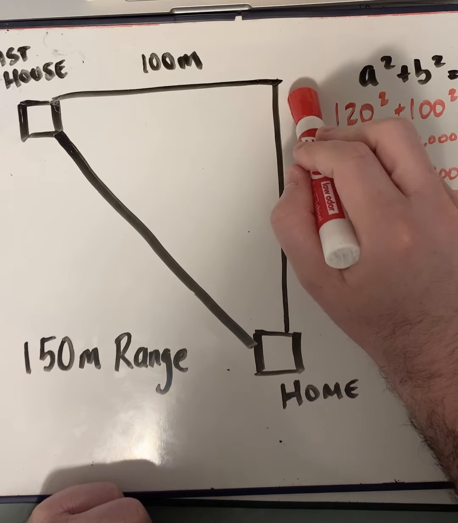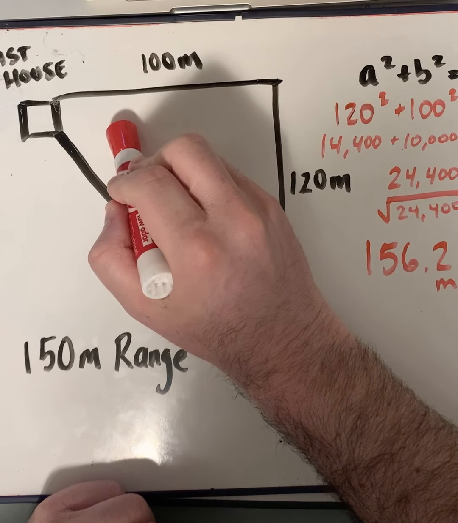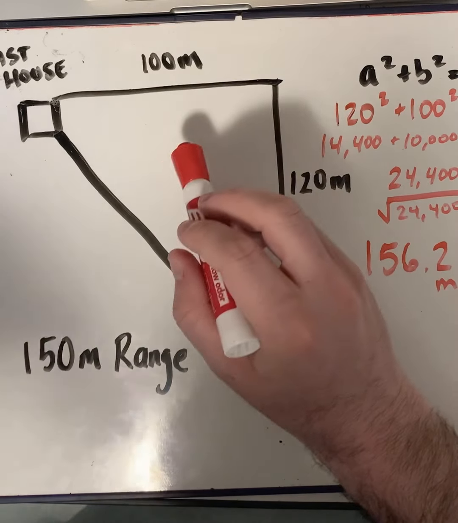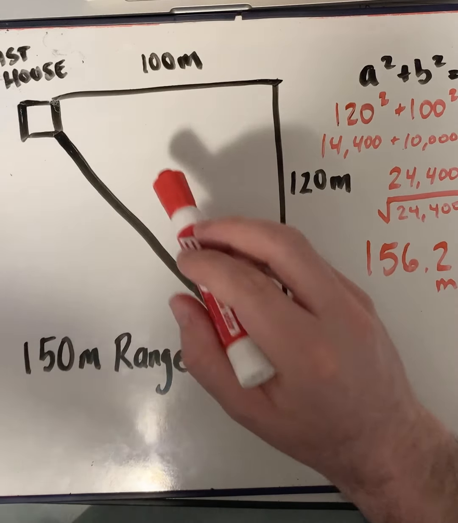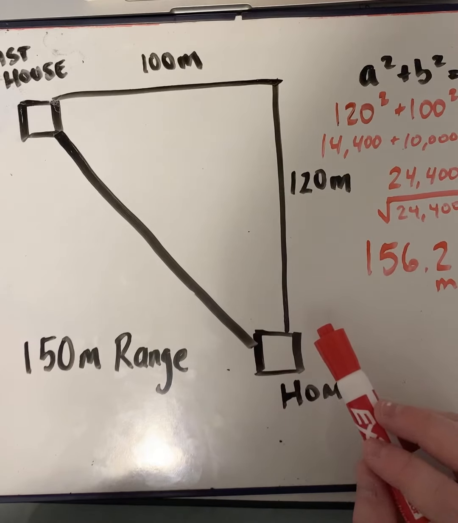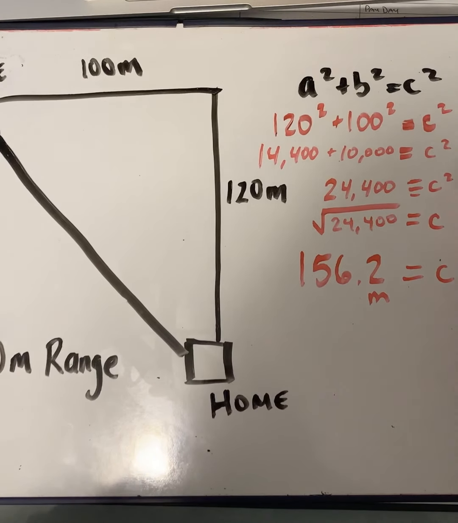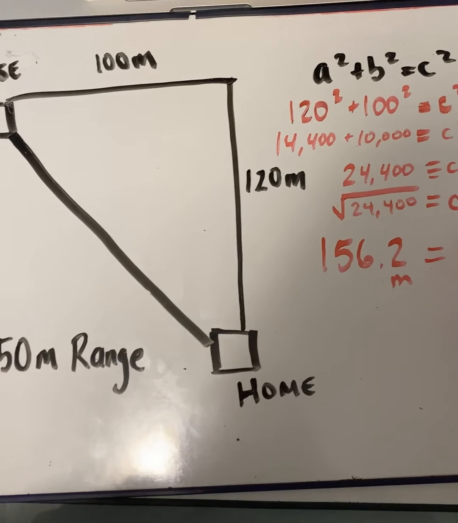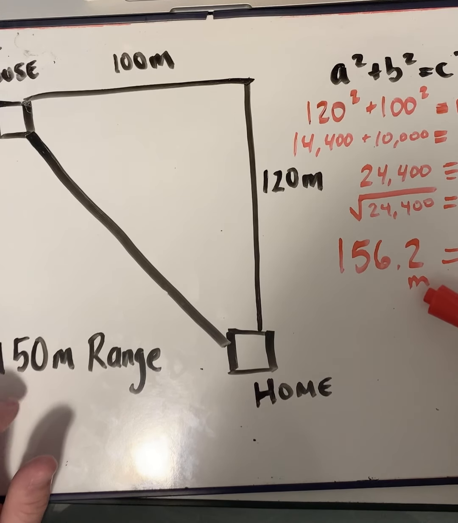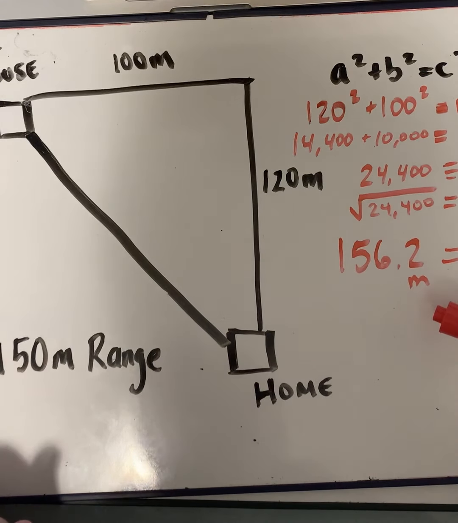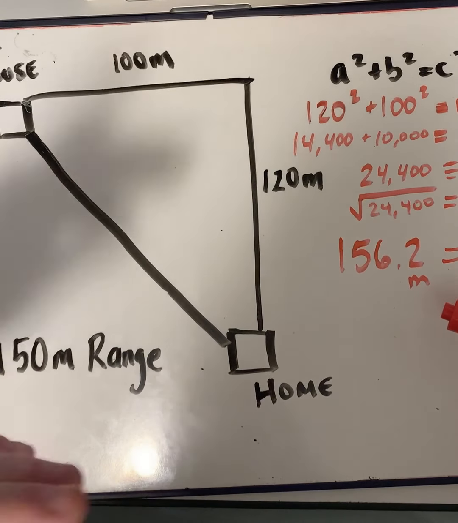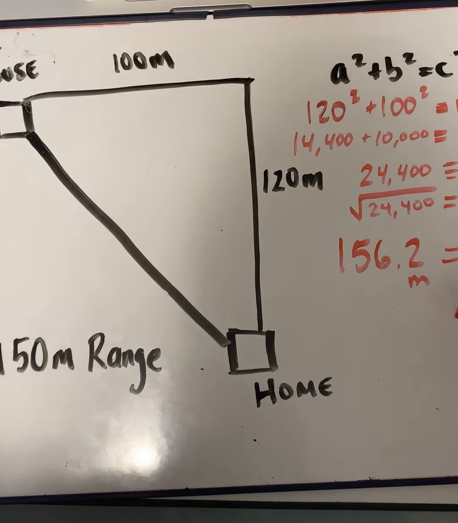I said it goes up 120 meters and then left 100 meters. In a word question, you would have to draw this out, but for today, I'm going to draw it out for you, and you're given parameters, and then you'd have to see what your answer is. When you look at your answer and you look at the parameters, you have to identify, well, you know what? They don't mix.